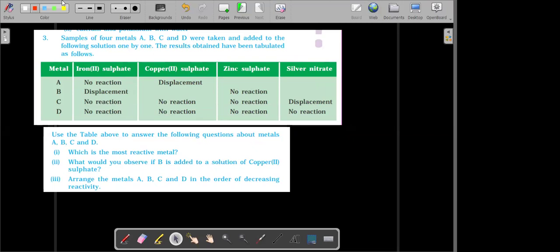The results obtained have been tabulated. So which is the most reactive metal?